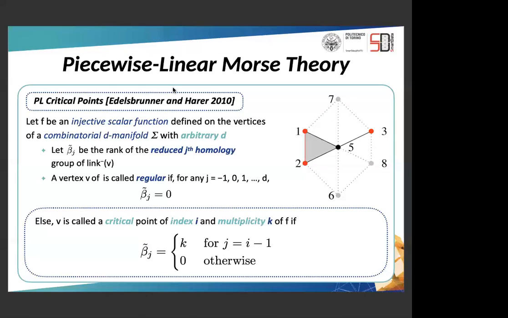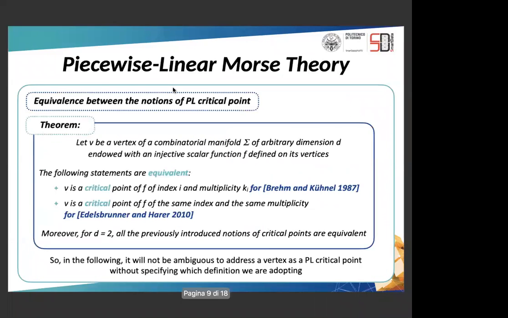So we have a bunch of different notions of PL critical points for piecewise Morse theory. But what we have proved, luckily, is that all these definitions are equivalent.